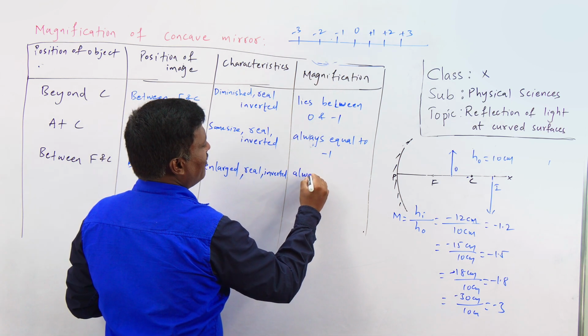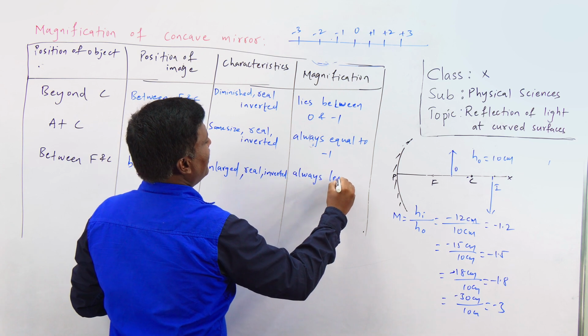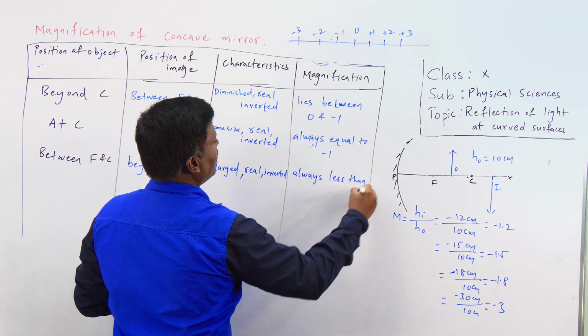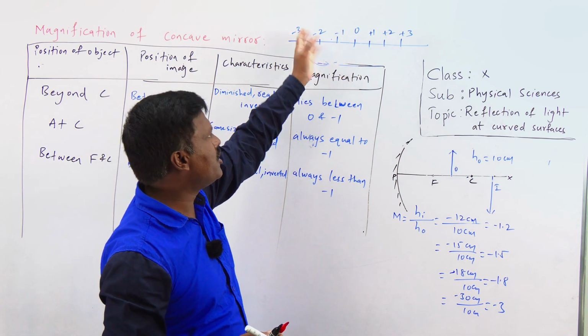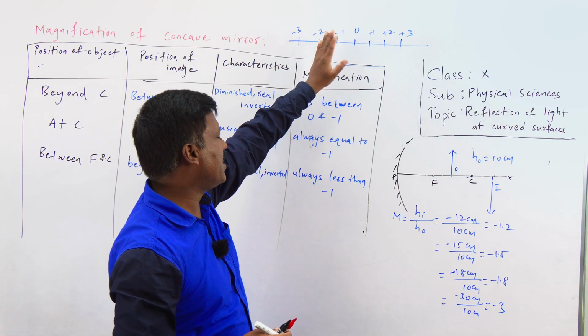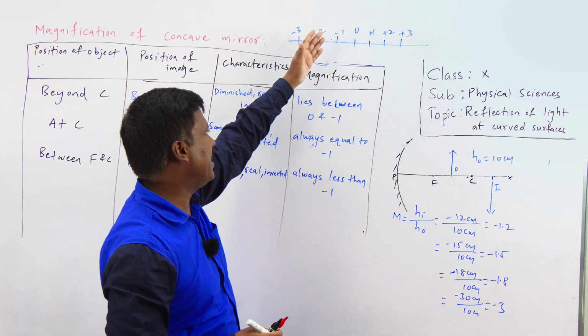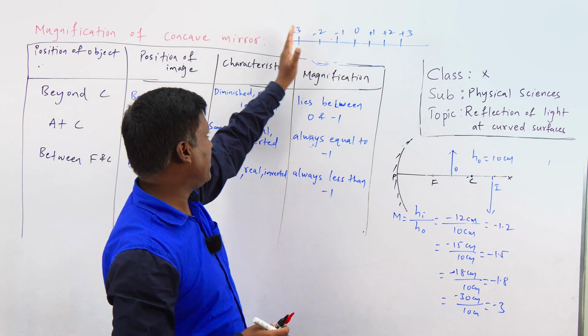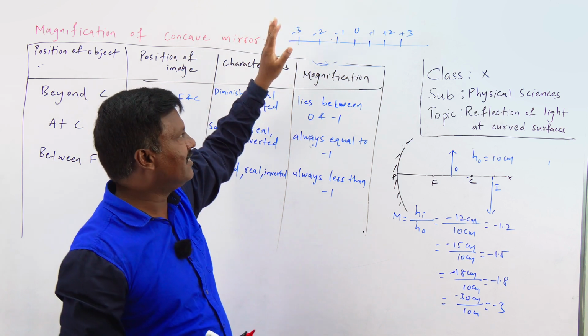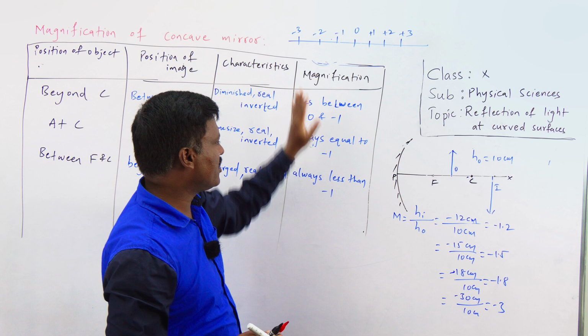Always less than minus 1. So what is less than minus 1? Any value is possible. Minus 1.2, minus 1.3, minus 2, minus 2.5, minus 3, minus 7, minus 10, minus 3.47, anything. Any number which is less than minus 1 is possible.